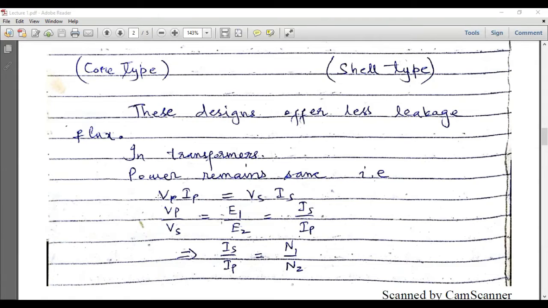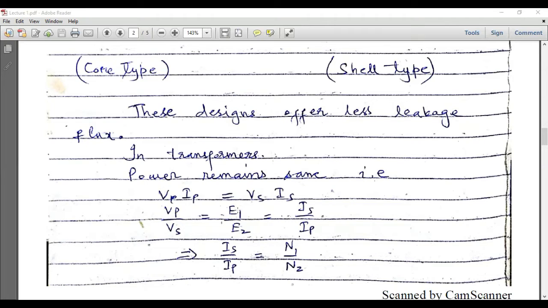So VpIp is the primary power, VsIs is the secondary power. I have to specify that these are the apparent powers, which are simply the product of RMS AC voltage and current. So these powers are the same at the primary and at the secondary windings.